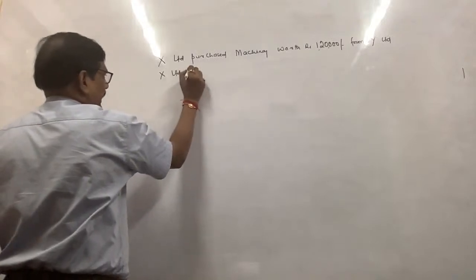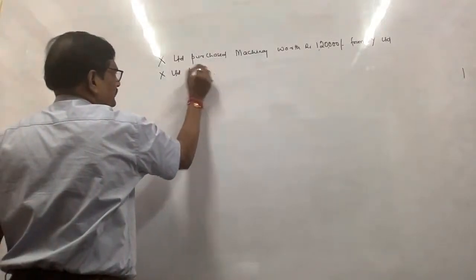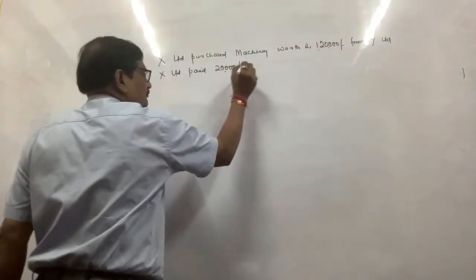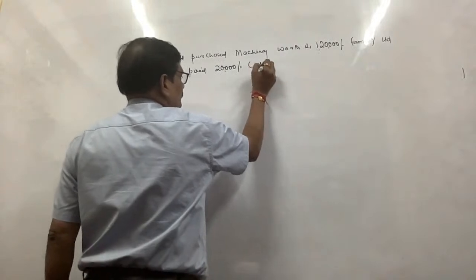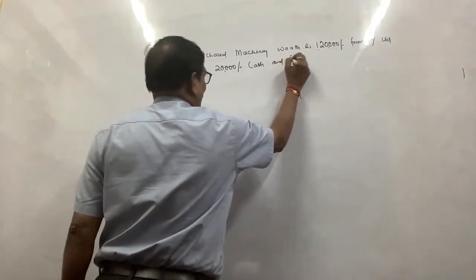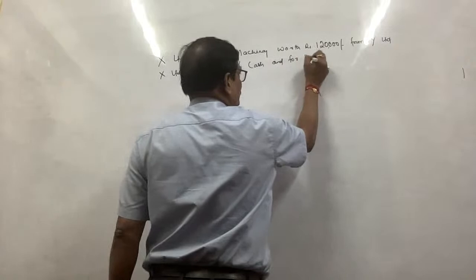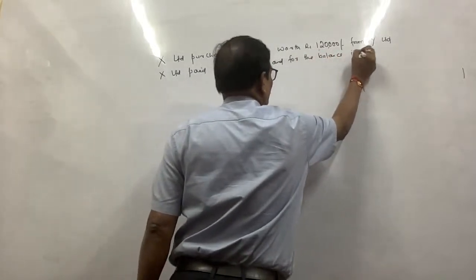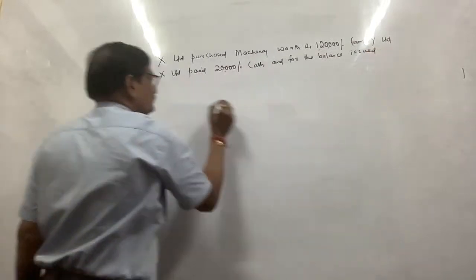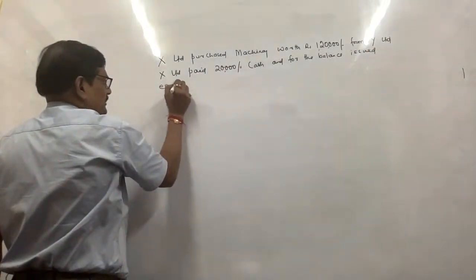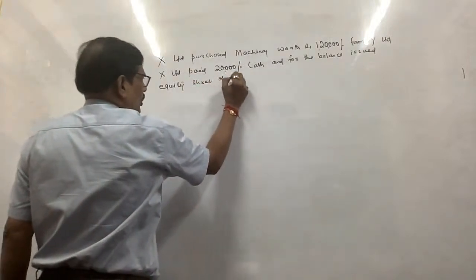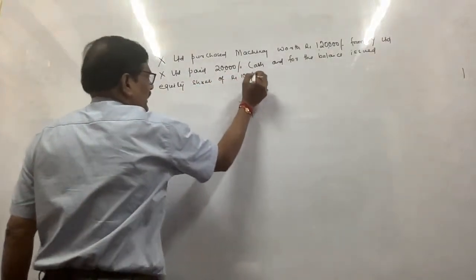X Limited paid 20,000 cash and for the balance issued equity shares of rupees 100 each.